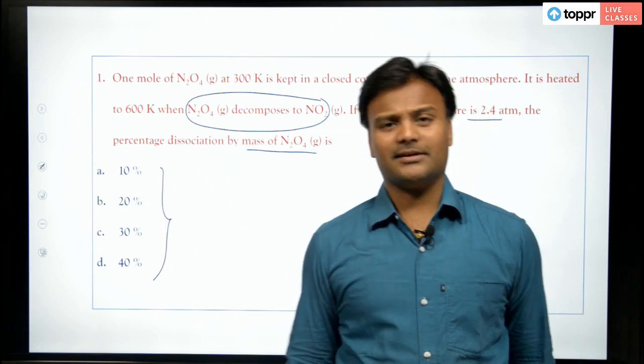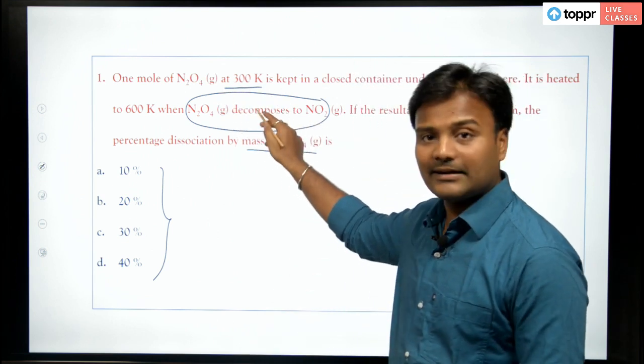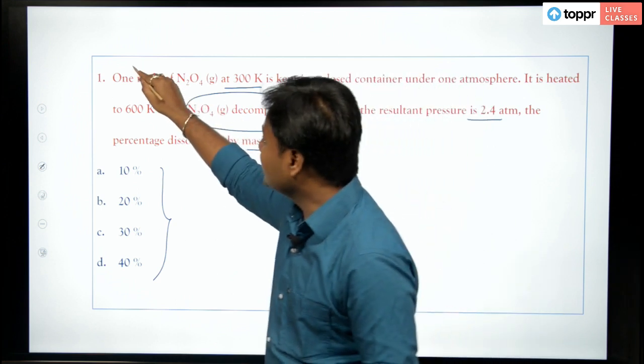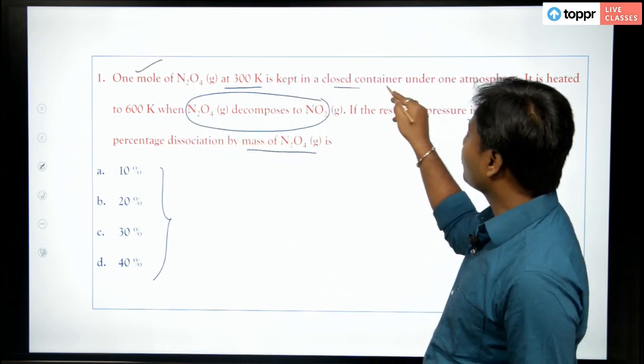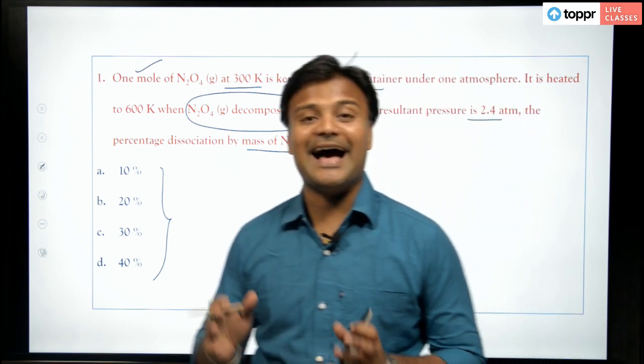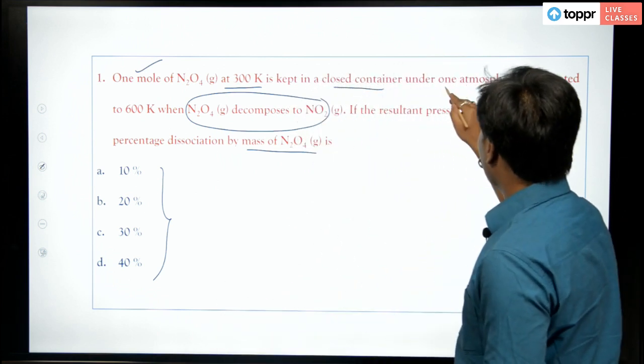One thing which is important, at 300 kelvins there is 1 mole in a closed container, which means it has established the equilibrium, under 1 atmosphere.